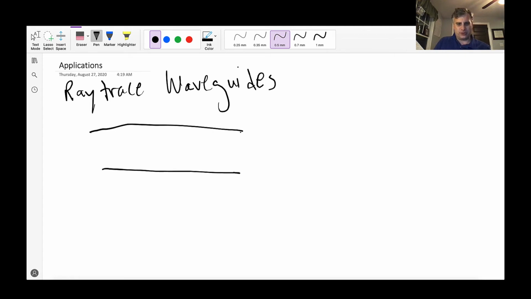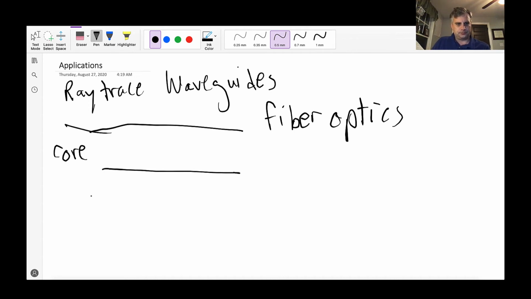If you have a dielectric waveguide, let's say this is an example from fiber optics. In fiber optics, we have the core and a cladding on either side. And the core typically has a higher index of refraction.